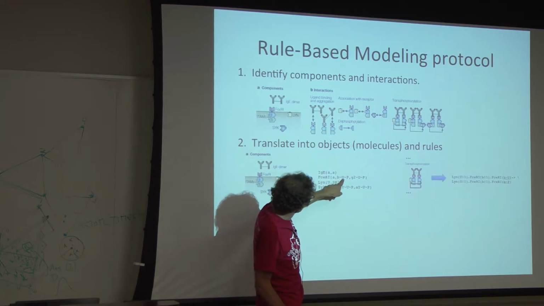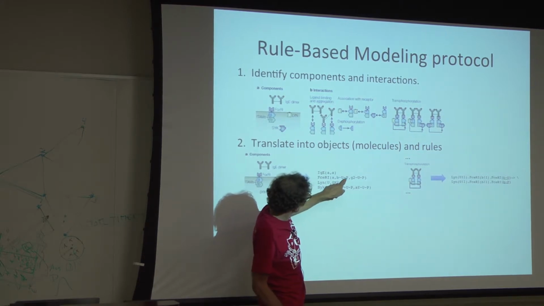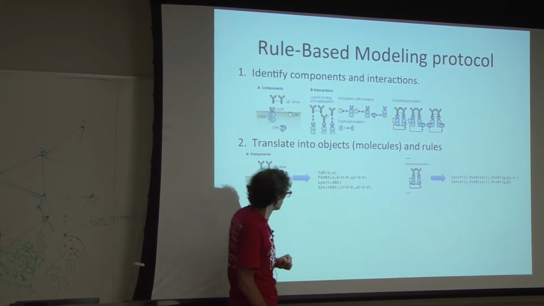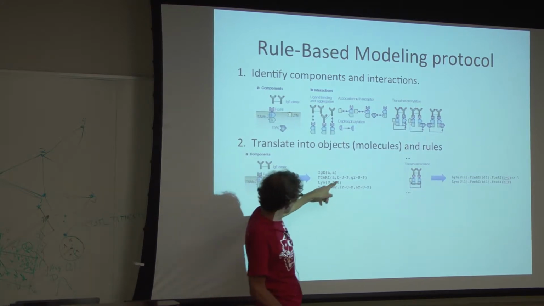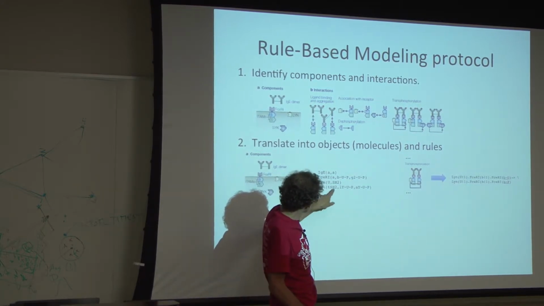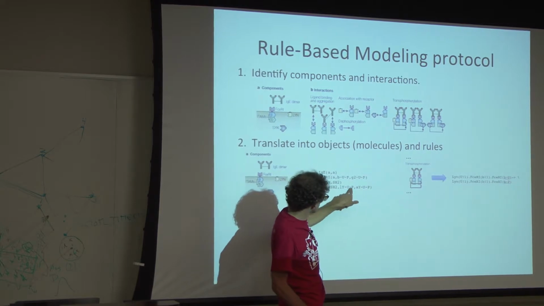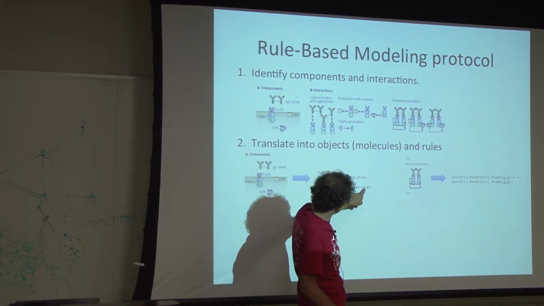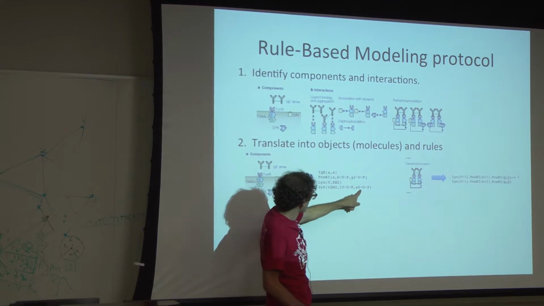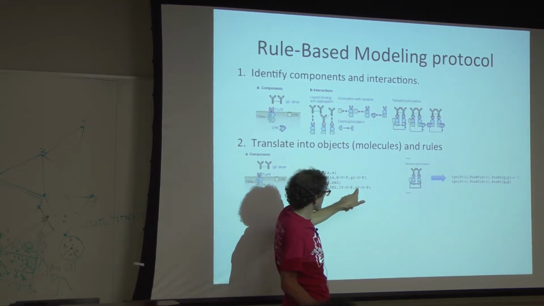And what's shown here, and we'll see more of the syntax as we go along, is the fact that the B site, this B component, has two different possible states, a U state and a P state, representing unphosphorylated and phosphorylated forms of that component. And we see another molecule here, SYK, has a tandem SH2 domain, another tyrosine that has an unphosphorylated and phosphorylated state, and same for this A tyrosine. A stands for activation loop here.